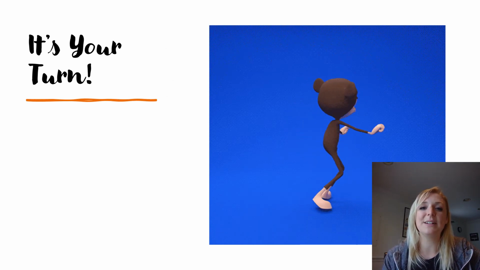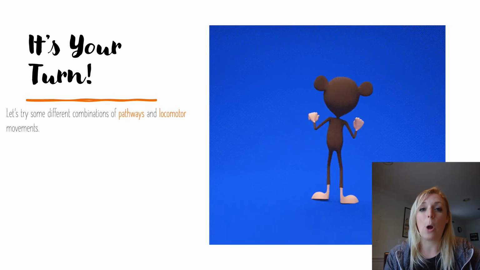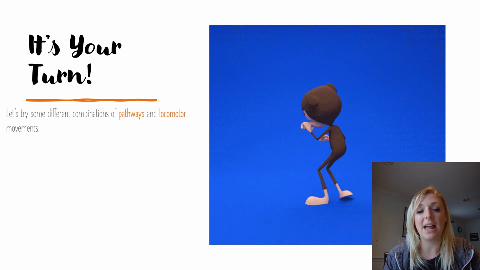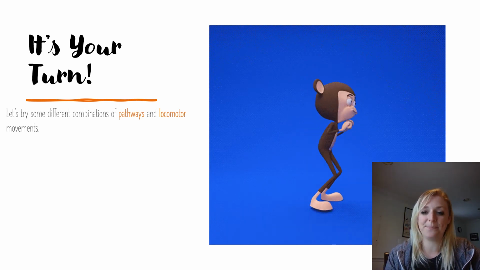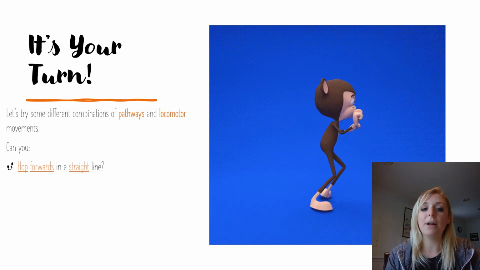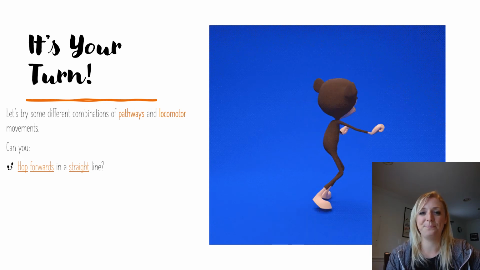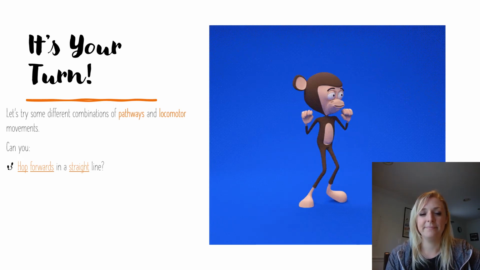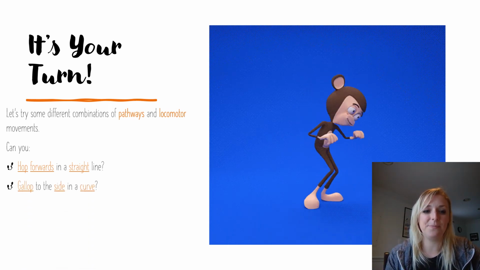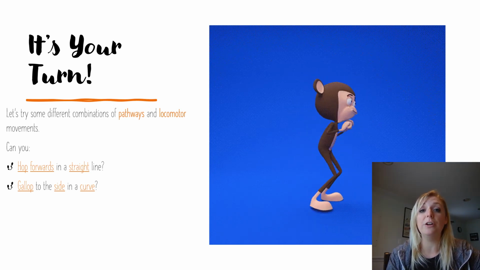So now it's going to be your turn to have a little try of this. So we have got pathways to consider and also the locomotor movements that will help us to cover that pathway. Can you hop forwards in a straight line? Off you go. Perfect. Simple enough, right? So can you gallop to the side in a curved pathway?